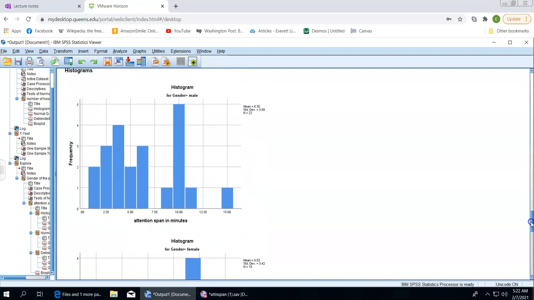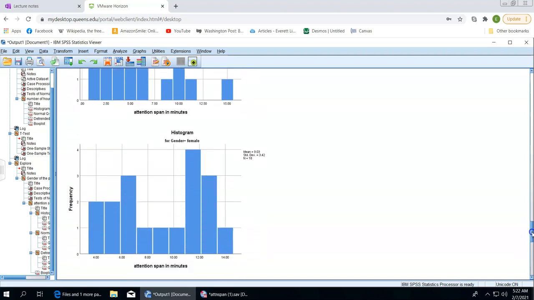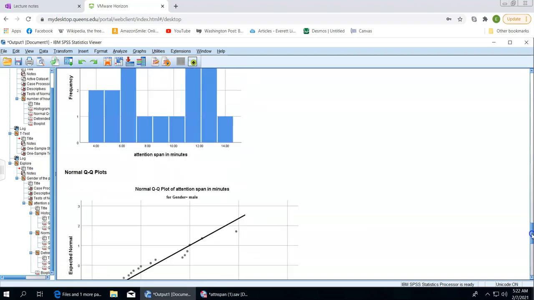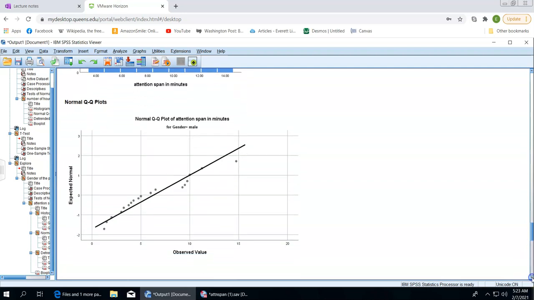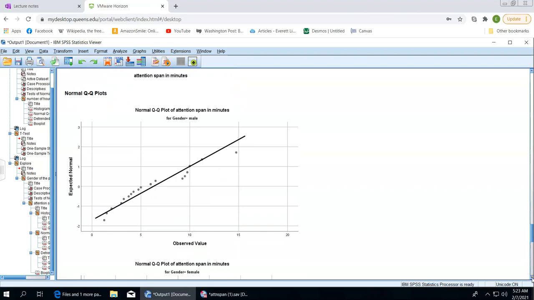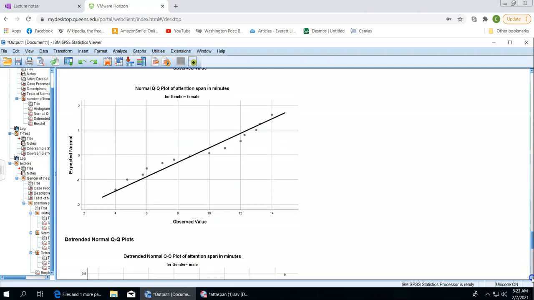With such small sample sizes, it's hard to see much from the histograms, but those certainly don't look super normal. The normal probability plot doesn't look too bad. This is for the males. Yeah, it doesn't look too bad for the females either, though.